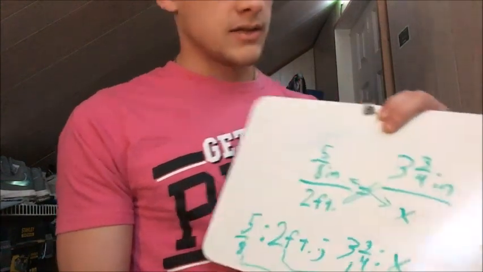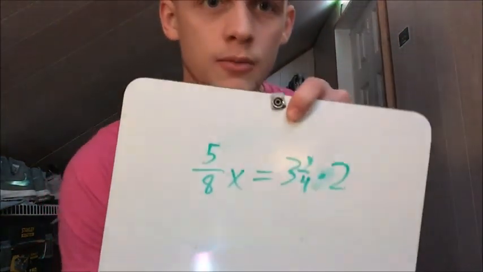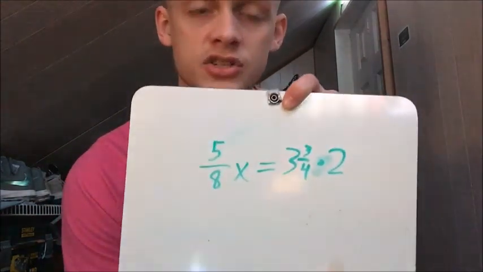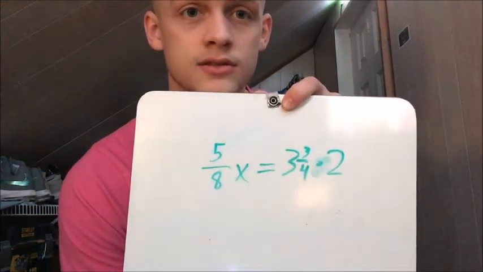So let's do that. You can write that as an algebraic equation. It would be 5/8 x equals 3 3/4 times 2. And we're going to solve for x, and this should give us the answer to our equation.